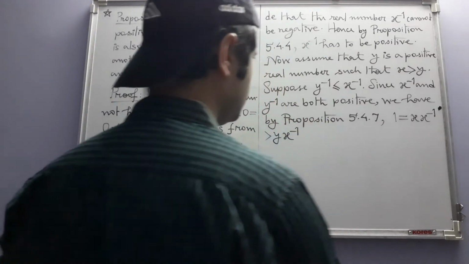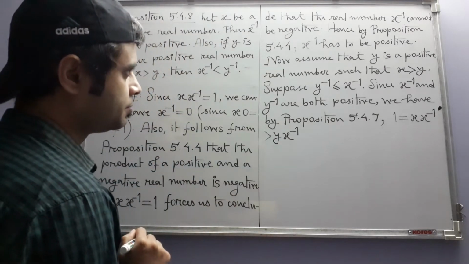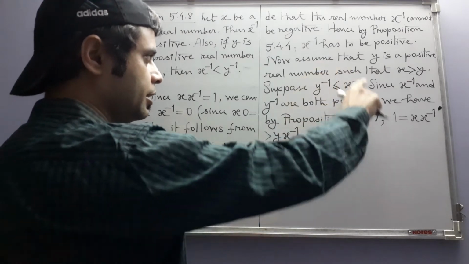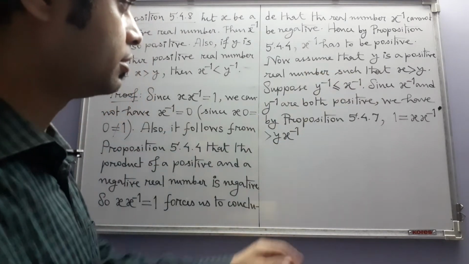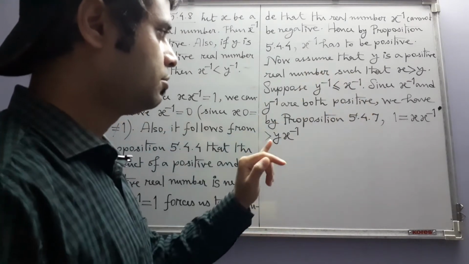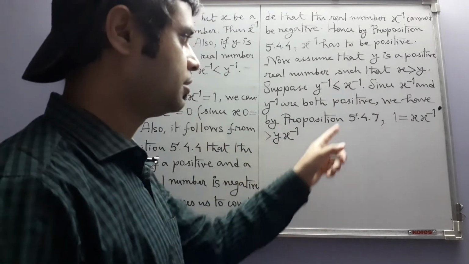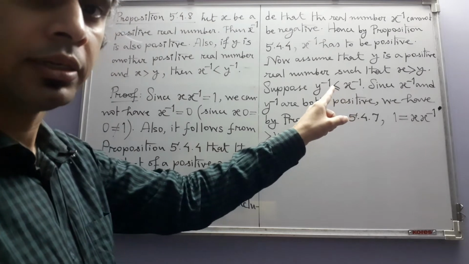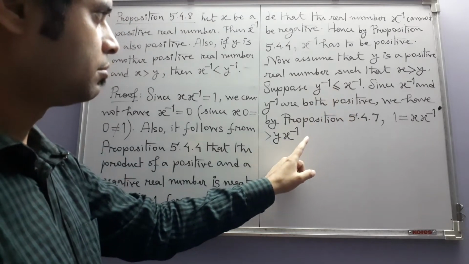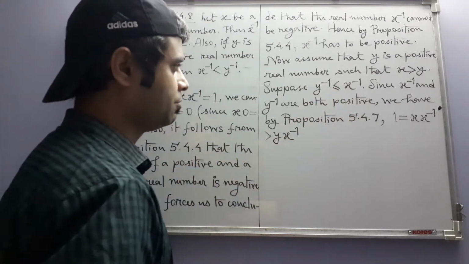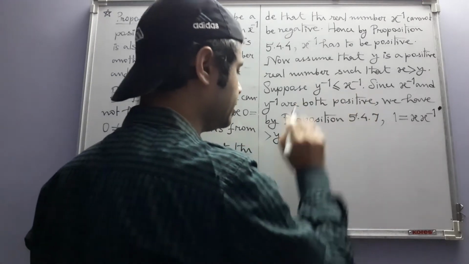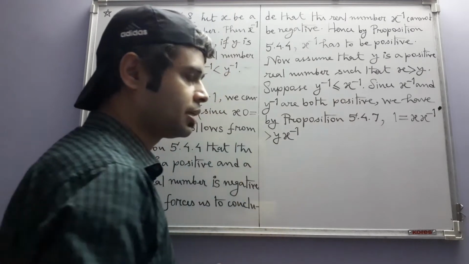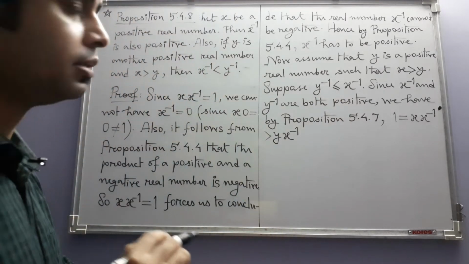Okay, now you look at this inequality, that is our supposition. Since y is positive, we can multiply on both sides of this inequality by y. No, not by y inverse, but by y, because y is also positive, so we can multiply both sides of this inequality by y.